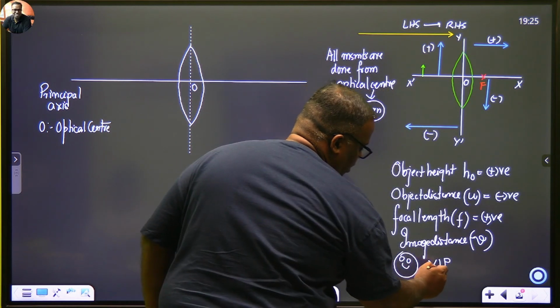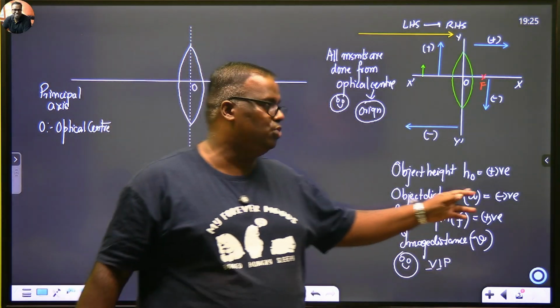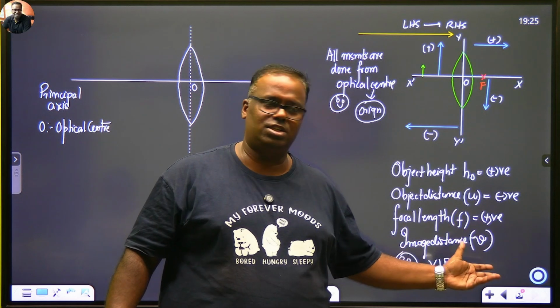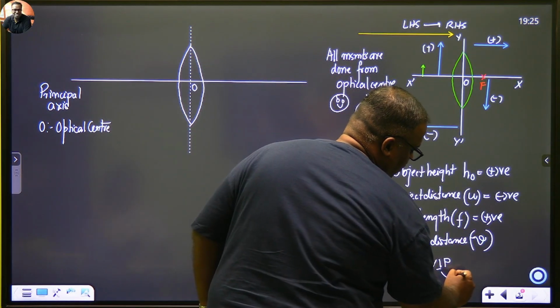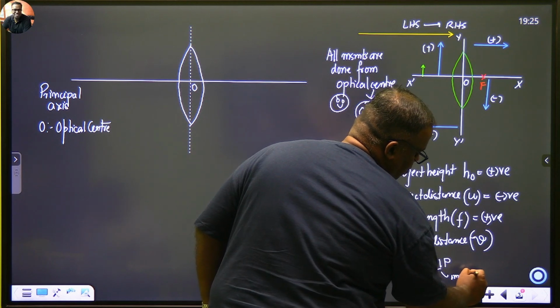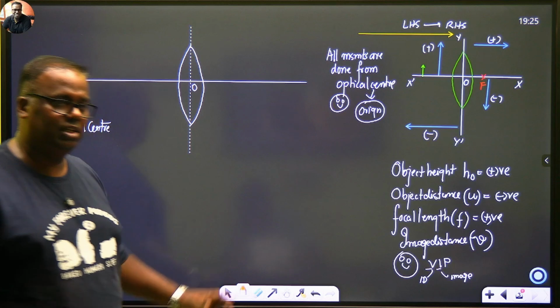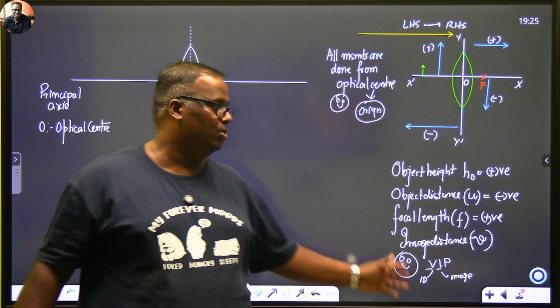V stands for image distance, I stands for image. So you will never fumble between what is U and what is V. One stands for object, one stands for image. So if you remember VIP, then I stands for image, so V stands for image distance. As simple as that. Did you get the trick? If you have a better trick to remember, you can use that. Don't write this in exam. This is only for you.